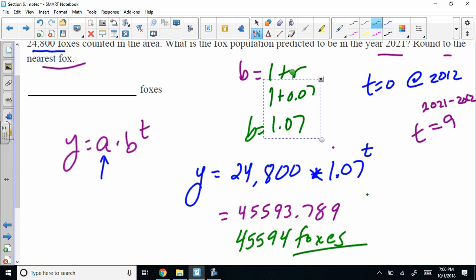We had to have that initial value for the a, and they have a tendency to do that with word problems. 2013 would be 1, right? Anything raised to the zero power would be 1.